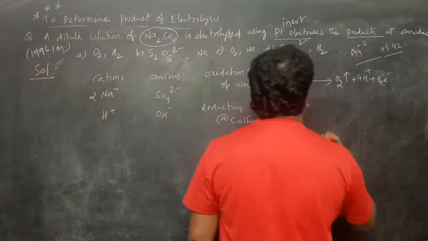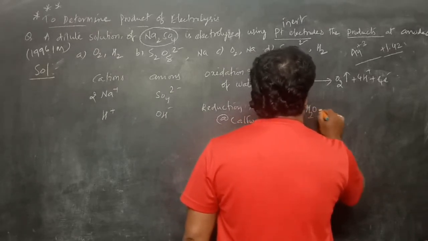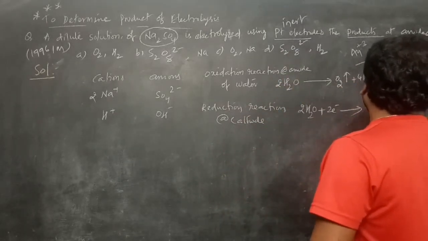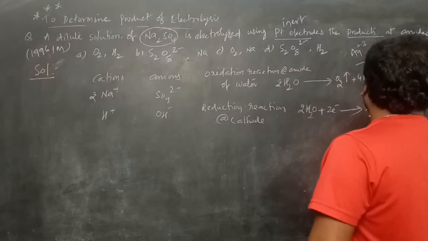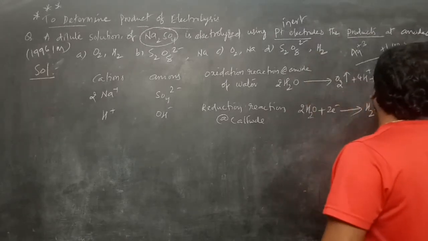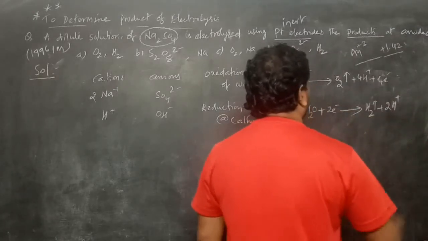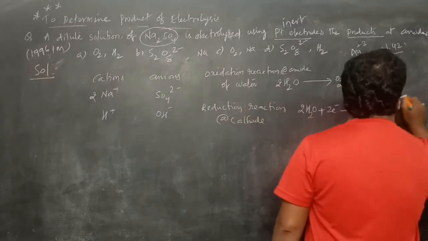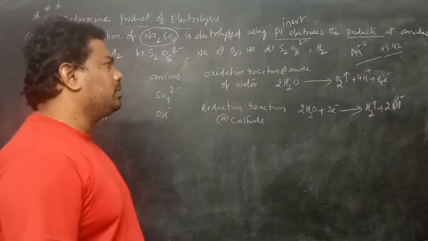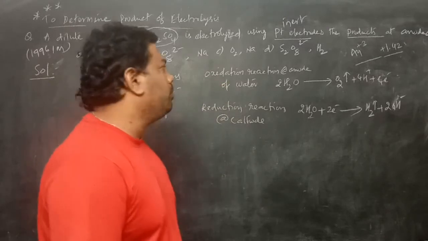That is 2H2O plus 2 electrons gives rise to H2 gas liberated at the cathode, plus 2OH minus. So these two reactions are very important reactions.